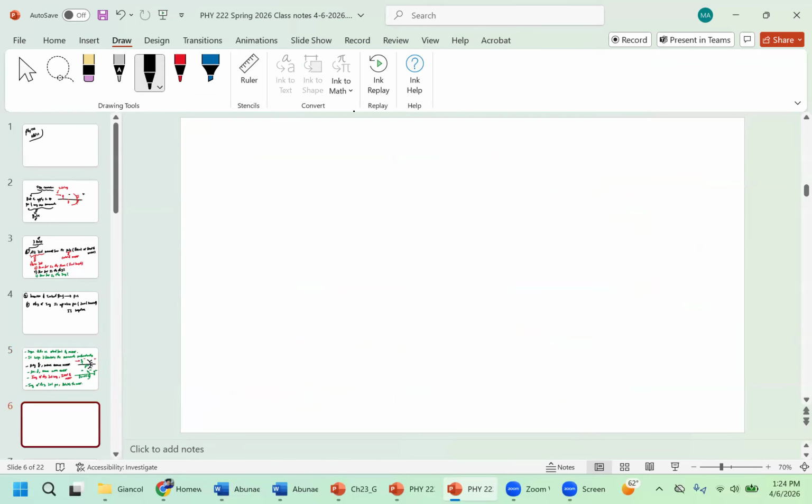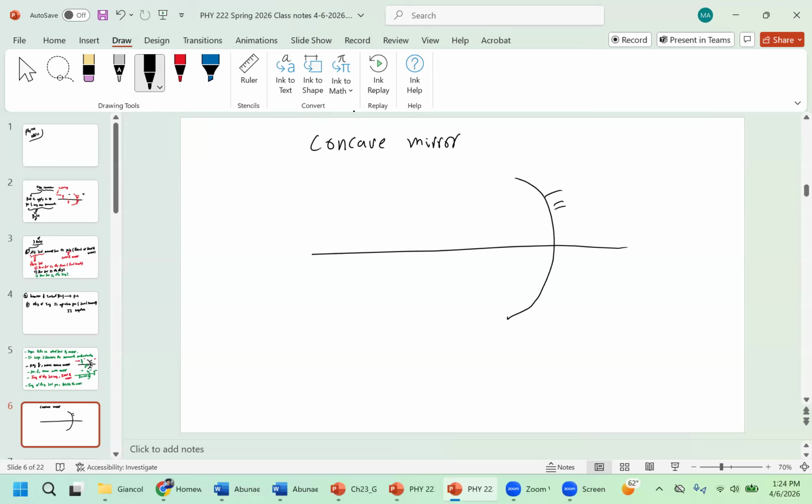So let's say we have a concave mirror like this. And here's our mirror. Here's our dull side. Here's our pole. Let's say F is over here. That's your focus, which is your focal length, and you've got an object.